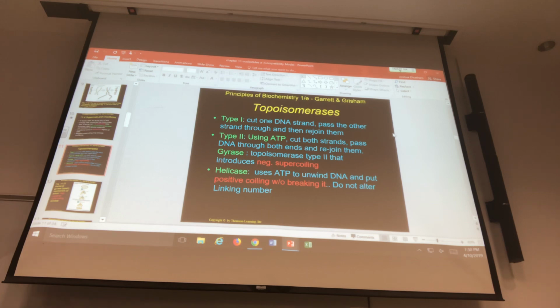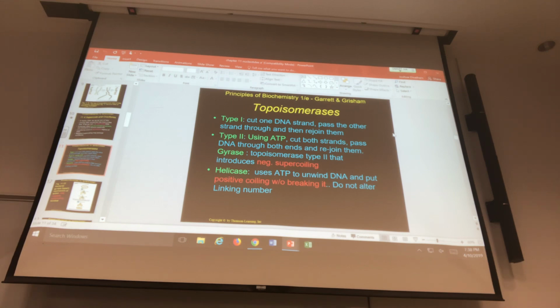So normally what it does is that it unwinds the negative supercoiling by adding positive? Yeah, so you have to look at the definition for it, but yes, topoisomerases in general, not every time, but in general work by adding positive supercoiling. And gyrases work by adding negative supercoiling.